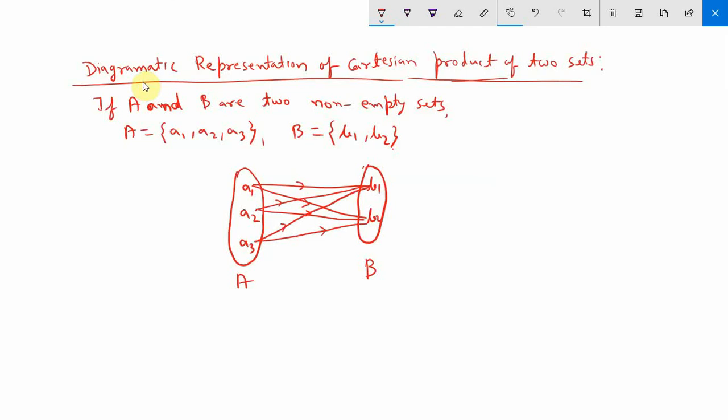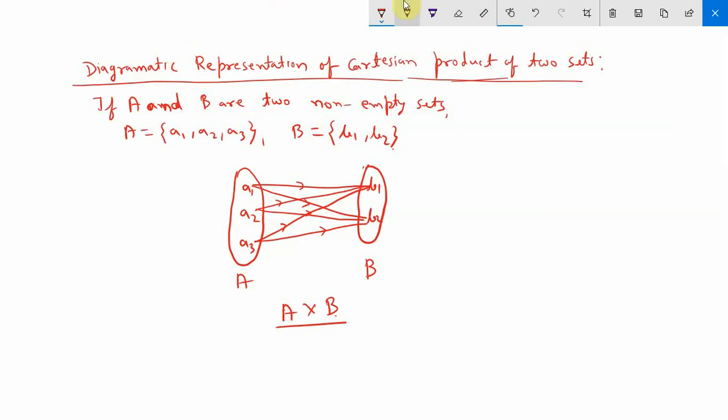Okay, so this diagram represents A into B. Okay friends, so next we will solve problems on what we have discussed.